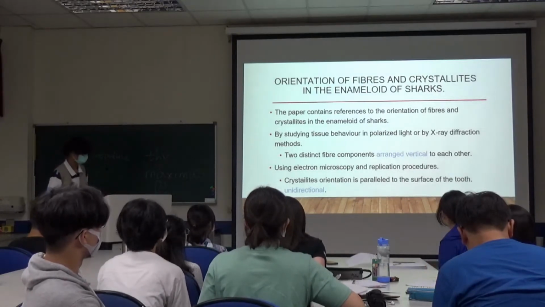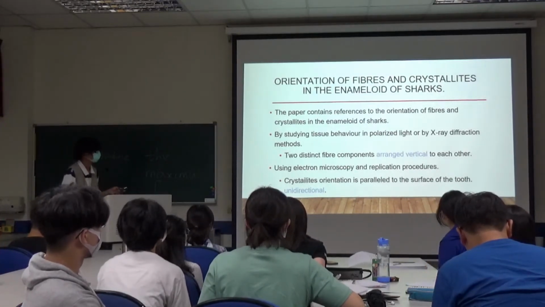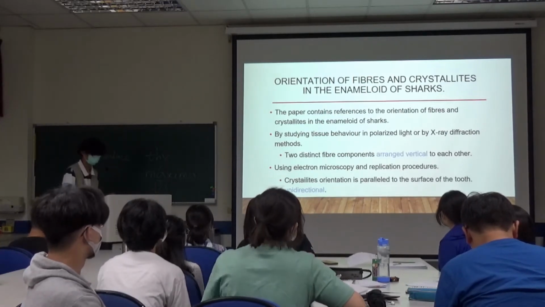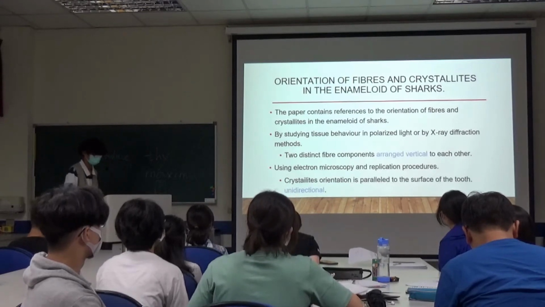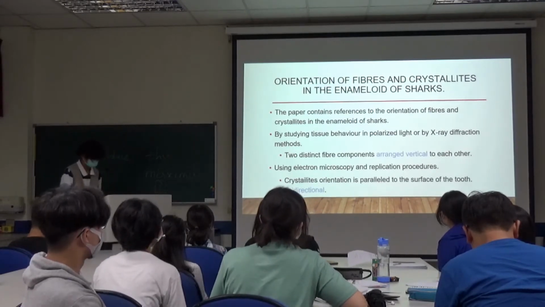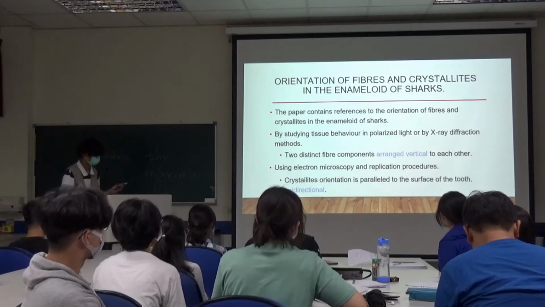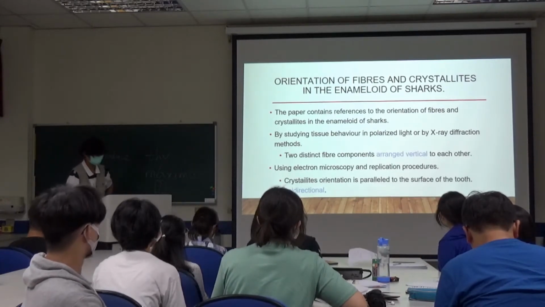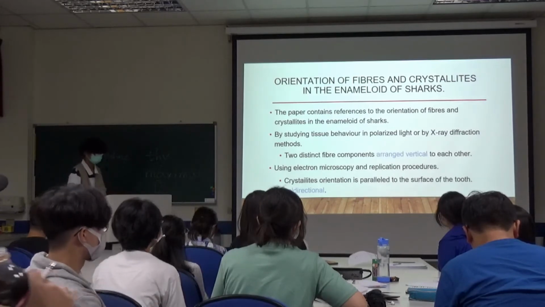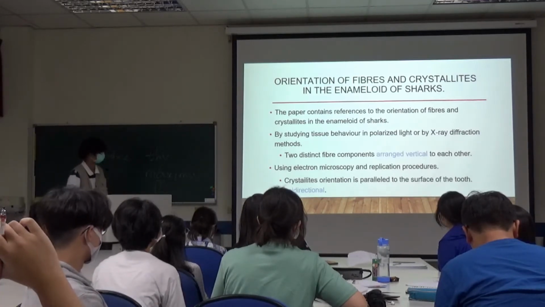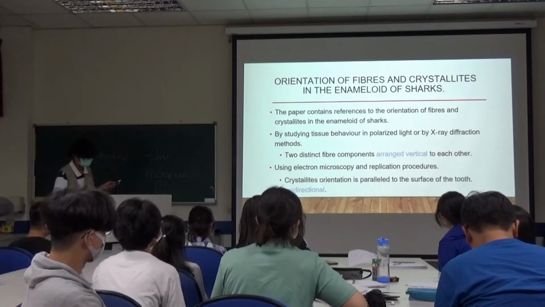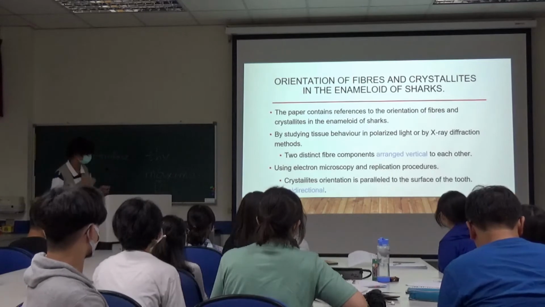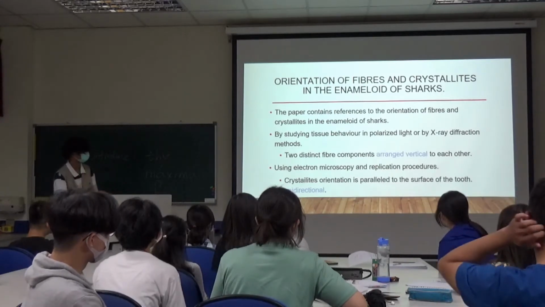And this is the main part of this research, the orientation of fibers and crystallites in the enameloid of sharks. So this paper contains many references from other research. And by studying tissue behavior in polarized light or by X-ray diffraction methods, they found that two distinct fiber components are arranged perpendicular to each other.